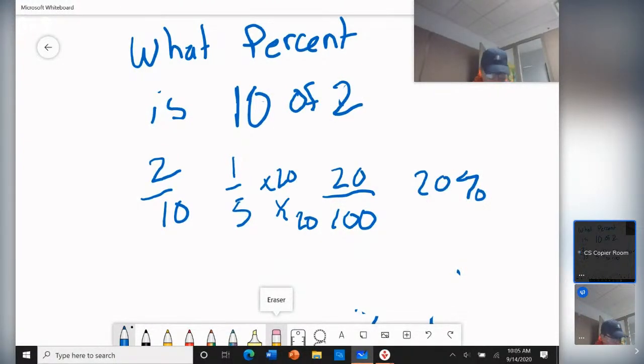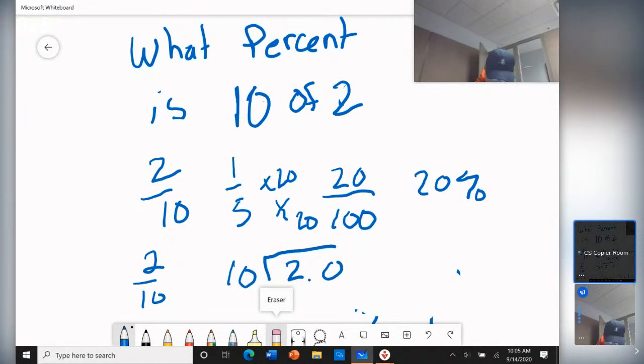Or we can do the same thing we did before. It's 2 over 10. And we're going to divide 10 into 2.0. So this one, 10 goes into 20 2 times. And that would just be 20%.